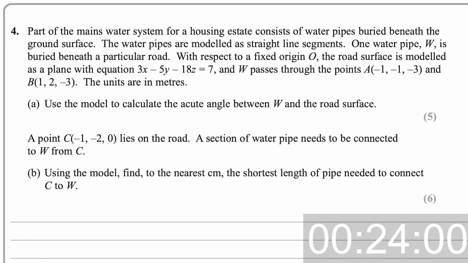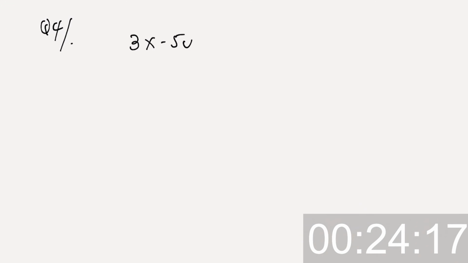Part of the water system for a housing estate consists of water pipes beneath the ground, in straight line segments, and we need a road. The road surface has the equation of a plane, 3x minus 5y minus 18z is 7.